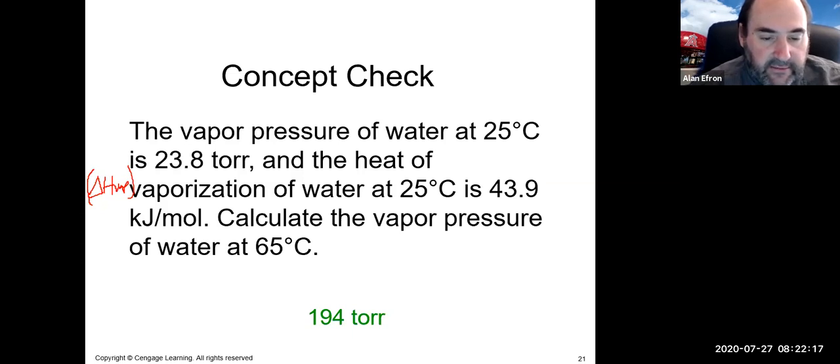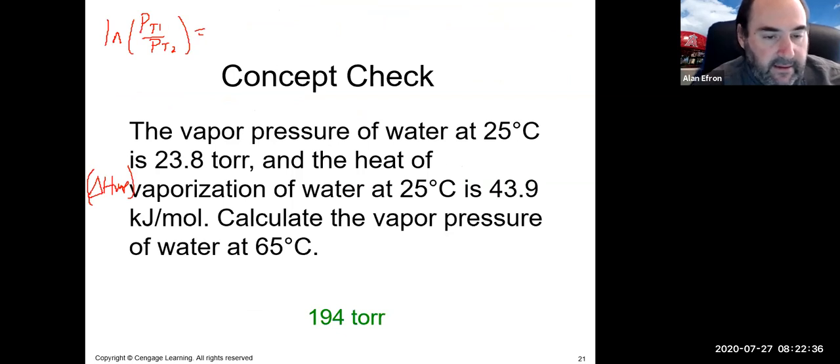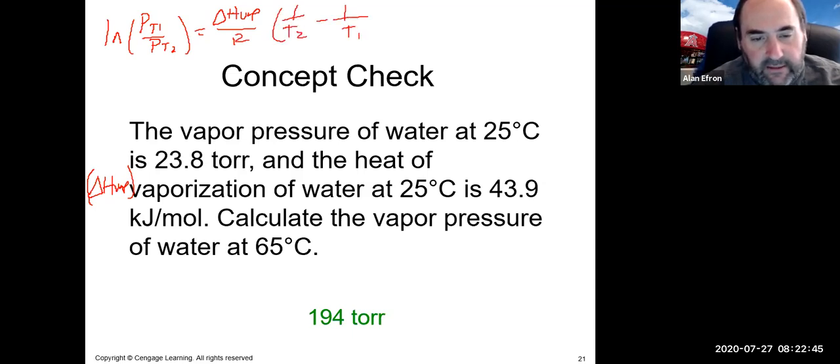And we want to calculate the vapor pressure at 65 degrees Celsius. So again, here we would use the natural log of our pressure at T1 over pressure at T2 equals our delta H of vaporization over R, times our 1 over T2 minus 1 over T1.